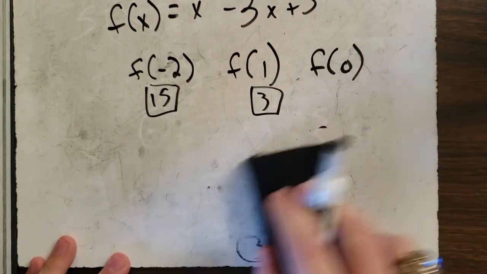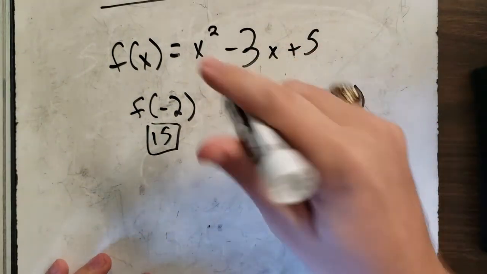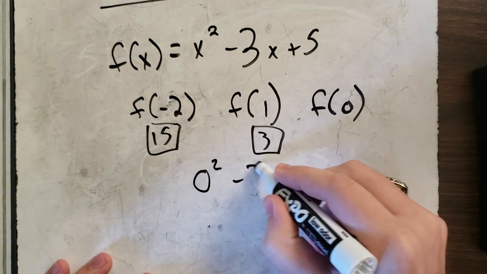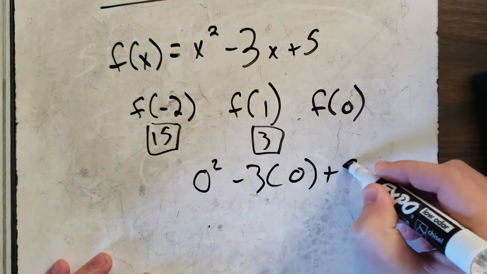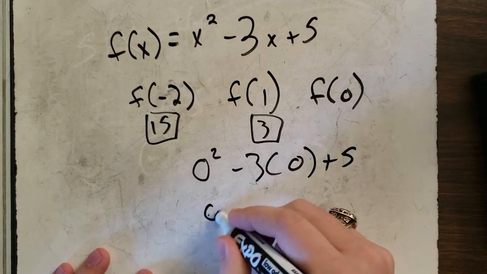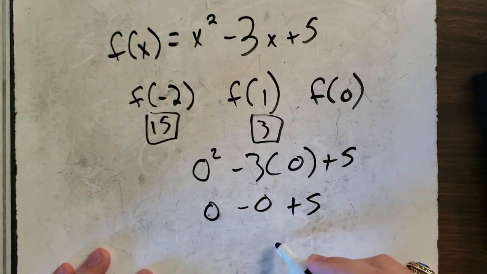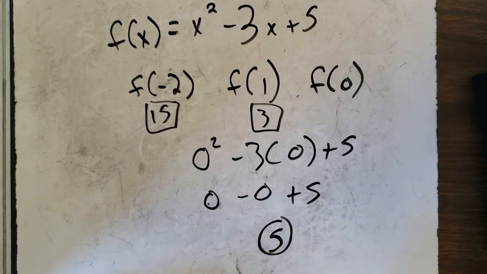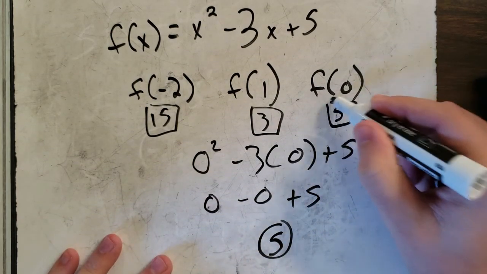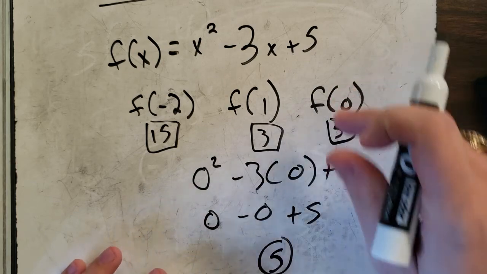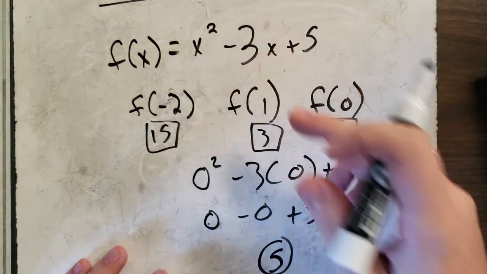And then our last example is 0. So 0 squared minus 3 times 0 plus 5. Well, 0 squared is 0. 3 times 0 is 0. Plus 5, your answer is 5. So this is going to be 5. Okay? Very simple. You're given the number, plug it into the letters, and solve.